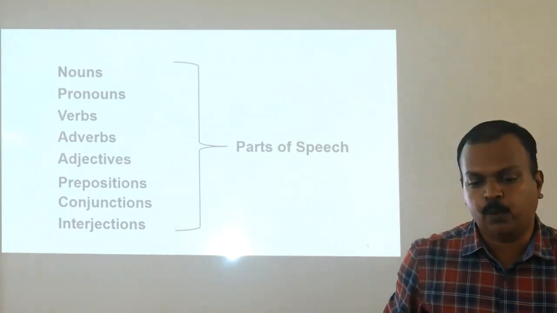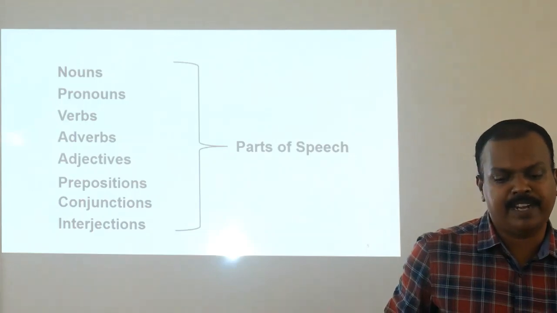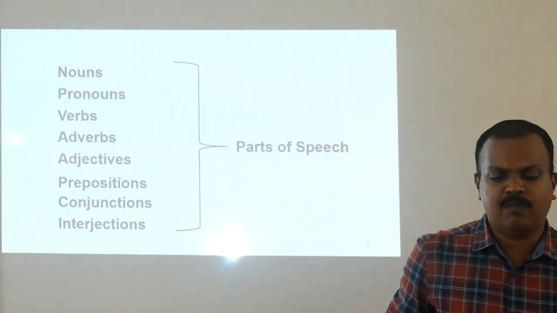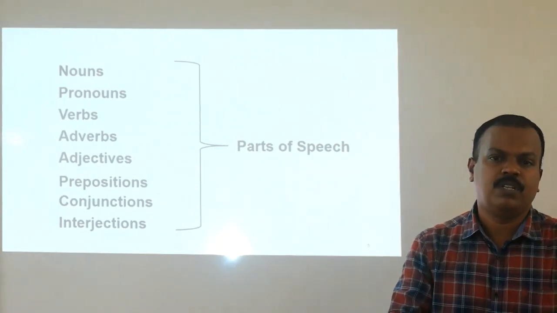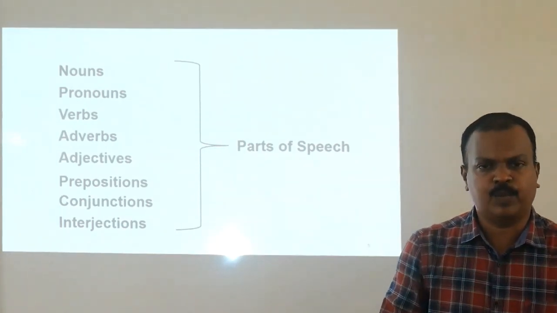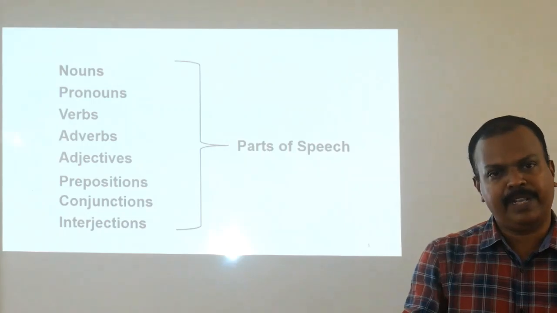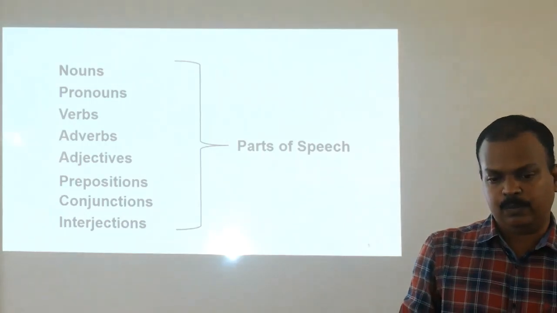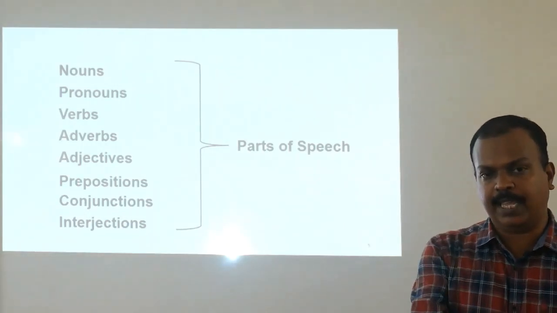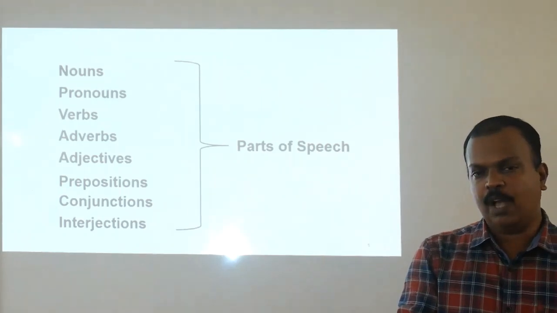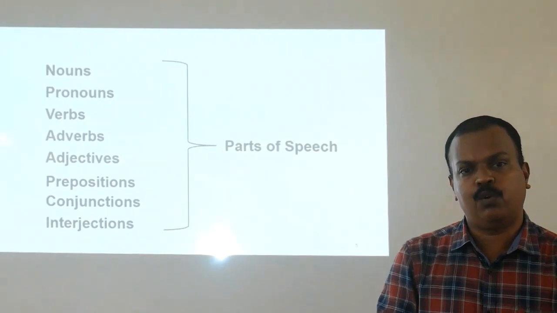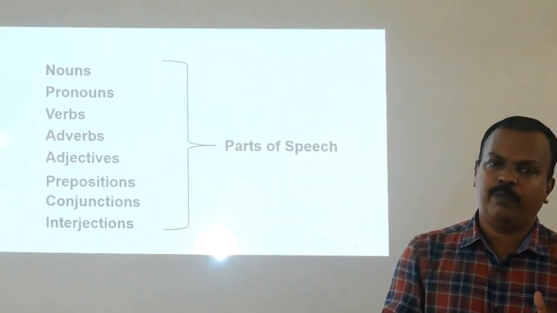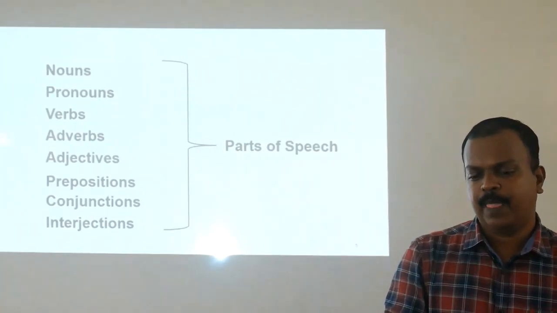I believe you all are aware of their names: nouns, pronouns, verbs, adverbs, adjectives, prepositions, conjunctions, interjections. They all are building blocks of a sentence. So this is how we make a sentence. We use these in a sentence, of course, by following the very necessary fundamental rules. Then we will be able to express the idea clearly.